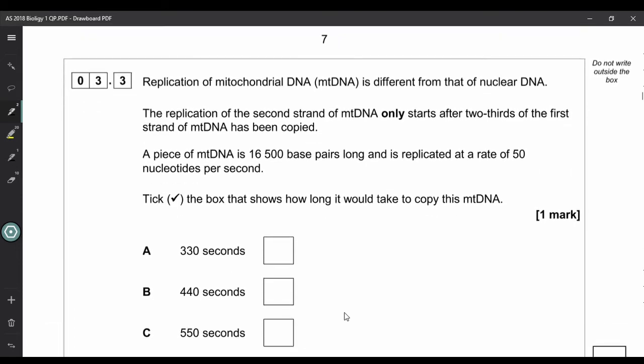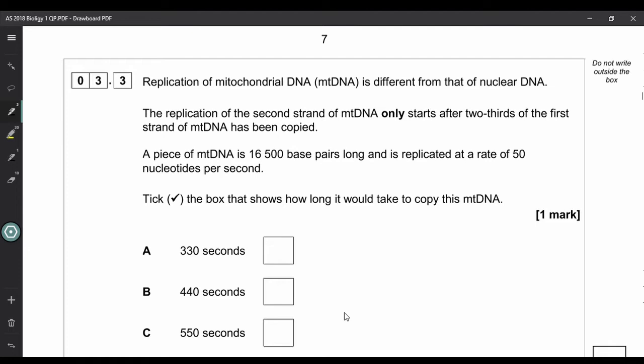So the third part involves a calculation. And again, some students struggled with this. Now the question's saying that replication of mitochondrial DNA is different from nuclear DNA.